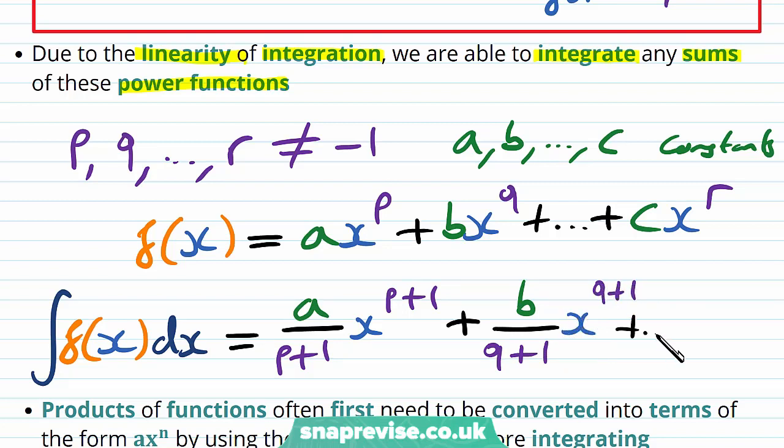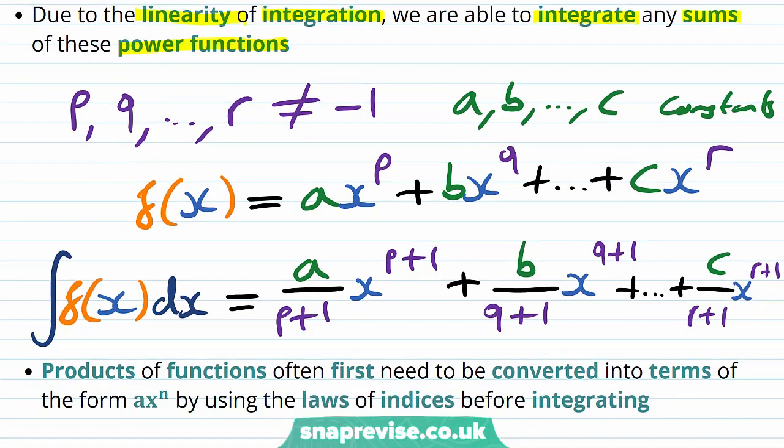And then we go all the way up, and our final term is c divided by r plus 1 multiplied by x to the power of r plus 1. And then we have to have an arbitrary constant. Well, we already used c, so we'll call it plus k. That is our constant of integration.